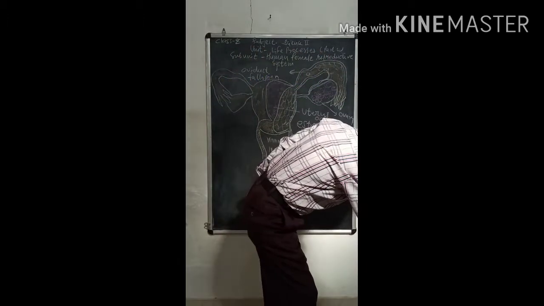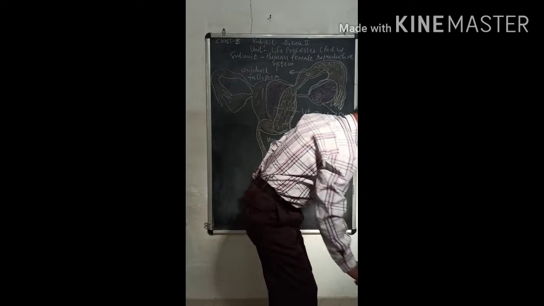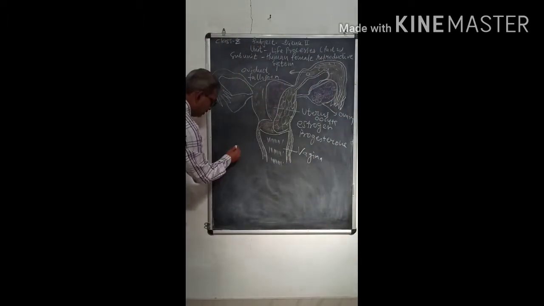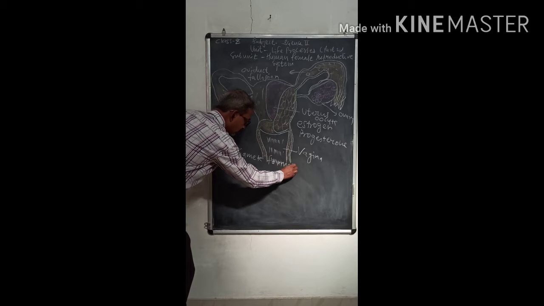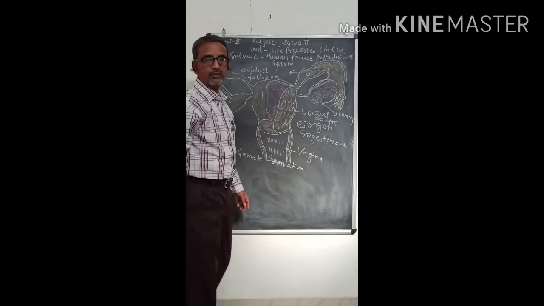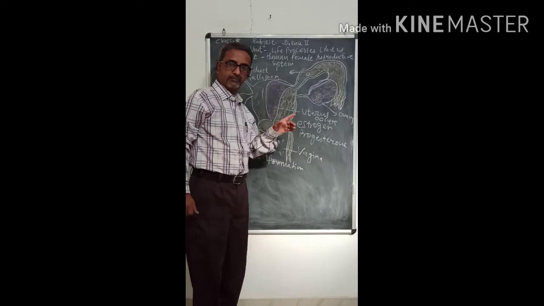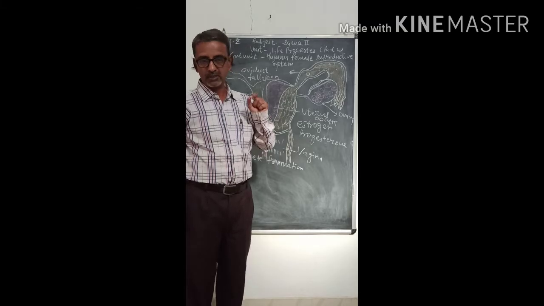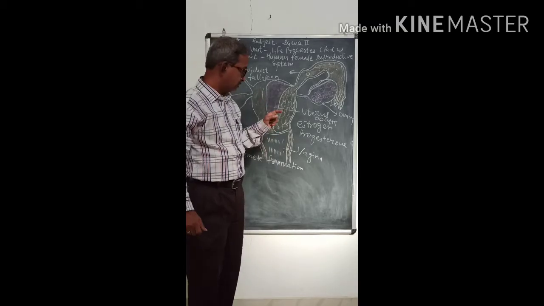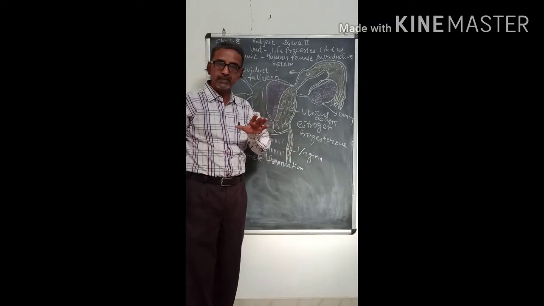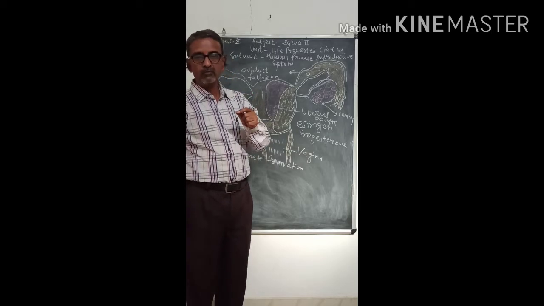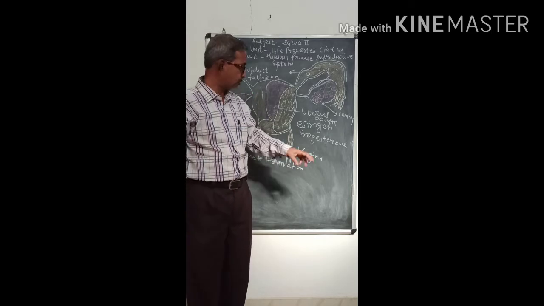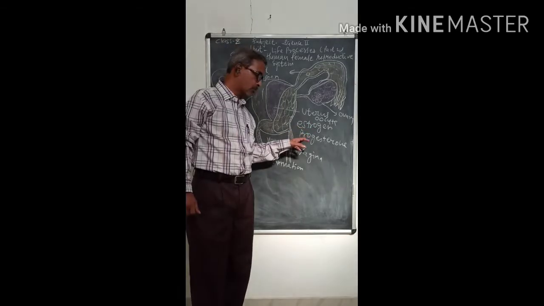Gamete formation. We have seen yesterday in the male reproductive system, the sperms or male gametes are formed in the testes, and these are formed under the hormone called testosterone.